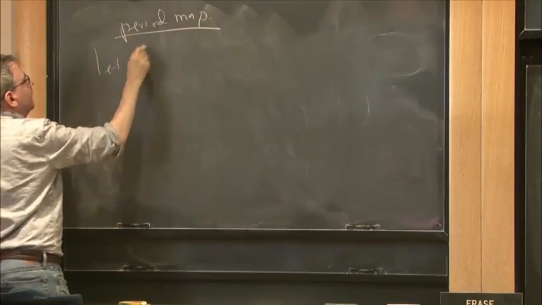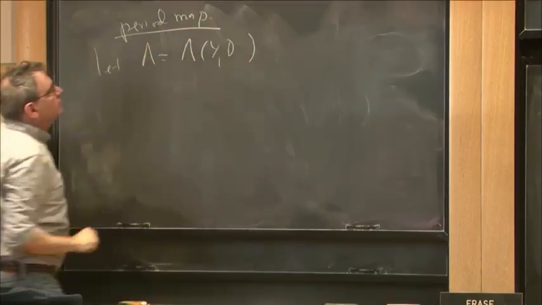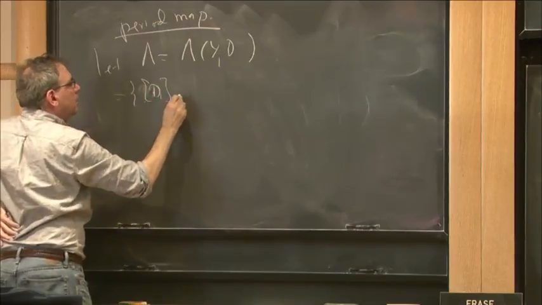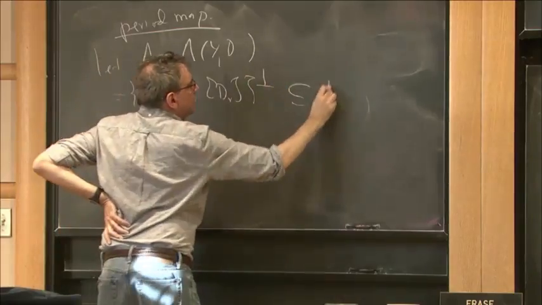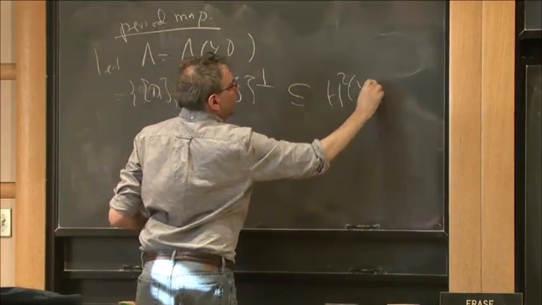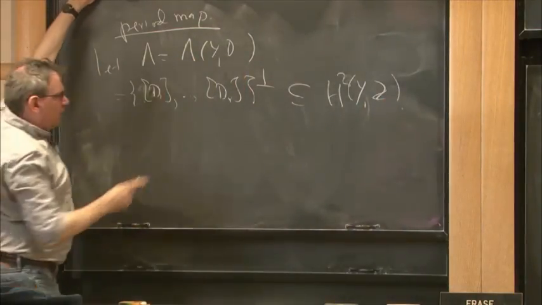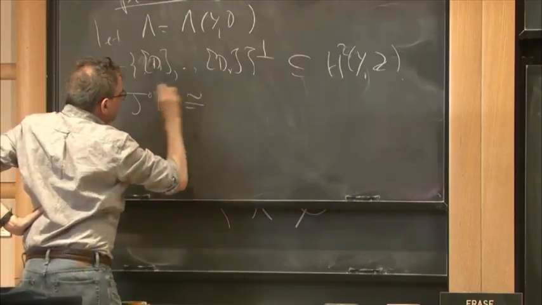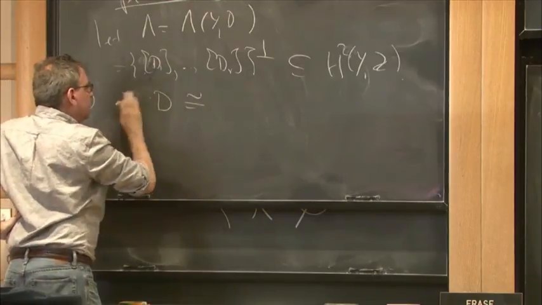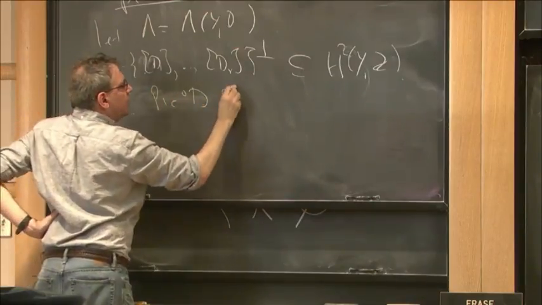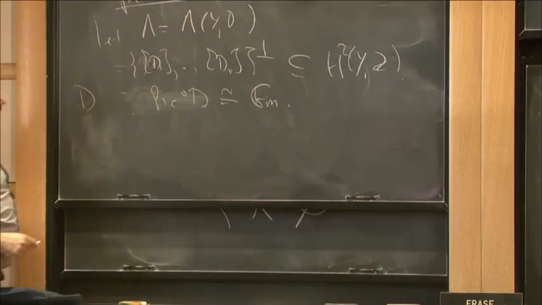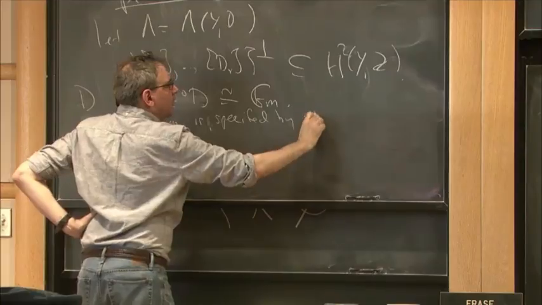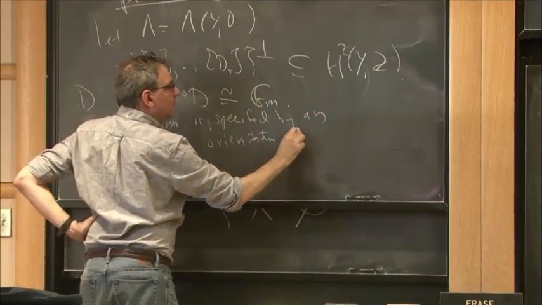Here, let me let lambda, which if I want to record Y and D, I'll write as lambda of (Y, D), be the orthogonal complement of the classes of D1 up to Dr inside of H2 of Y. And given D, it's the Jacobian of degree 0, Pic naught of D, that's just a C star, G_m, and the isomorphism is specified by an orientation of the cycle.